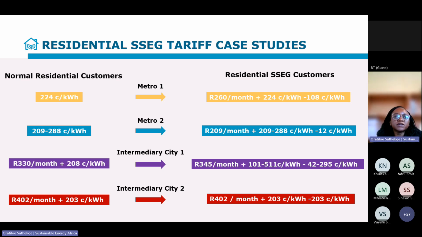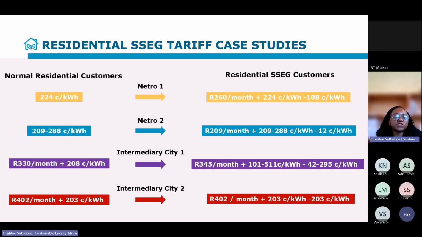If you look at Metro City 2, they stuck with the time of use, while the energy charge remained the same as previously for Metro 1. And then they introduced an export tariff of 108 cents, and then it was 12 cents here.